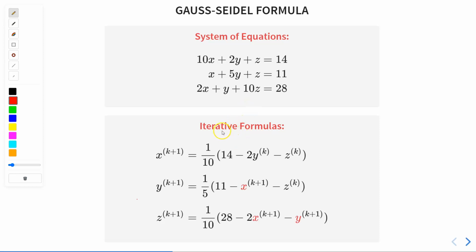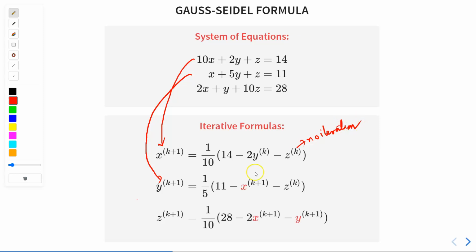Now from this system of equations, I'll formulate the iterative formula. From the first equation, if I rearrange, x will be 1 by 10 times (14 minus 2y minus z). From the second equation, we get y is equal to 1 by 5 times (11 minus x minus z). Here k is the number of iteration.